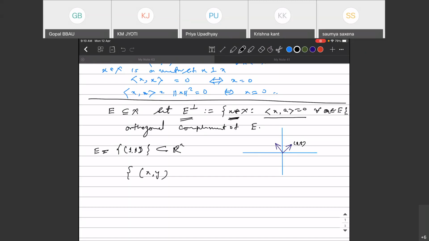Let's see what all those vectors are. We take (x, y) in R2 such that the inner product <(x, y), (1, 1)> is 0. But by definition, how did you define the inner product in R2?